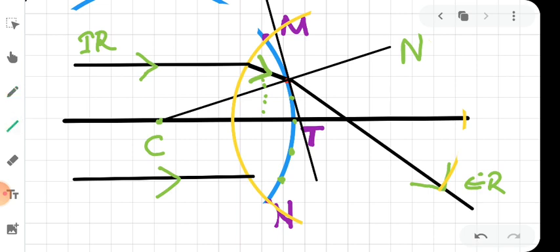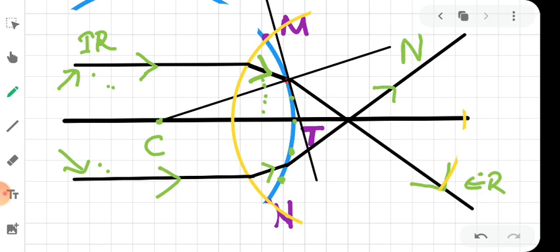The light enters the lens and deviates a little, and then again deviates a bit more. So light rays on either side of the lens behave symmetrically.